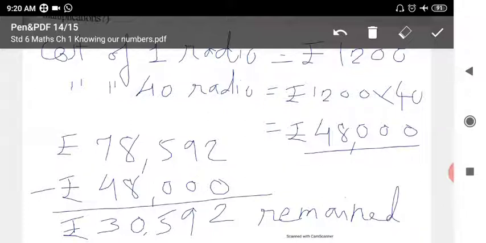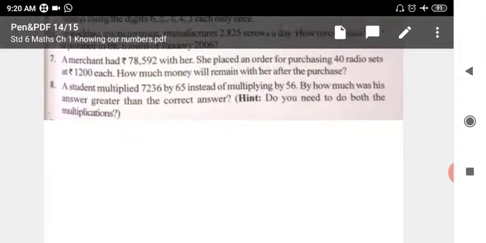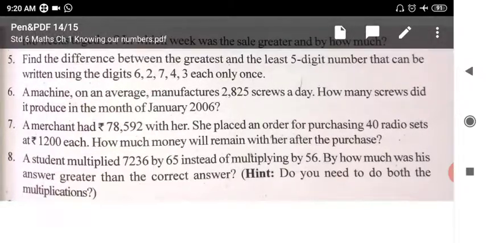Okay, clear this question everyone? So we can move ahead to the next question. The next question is the same, as we have done here, multiplication only.